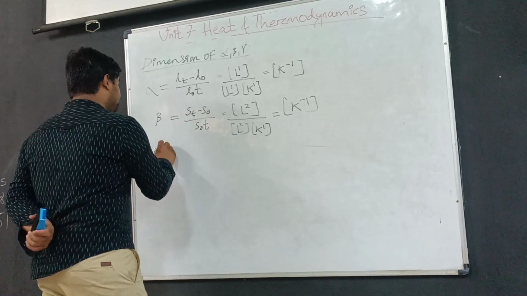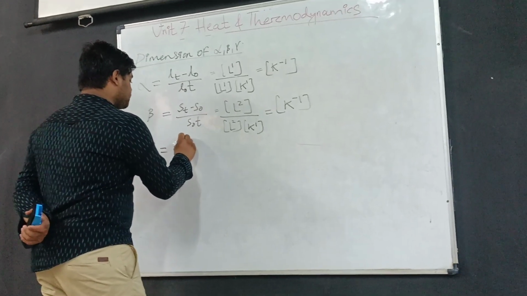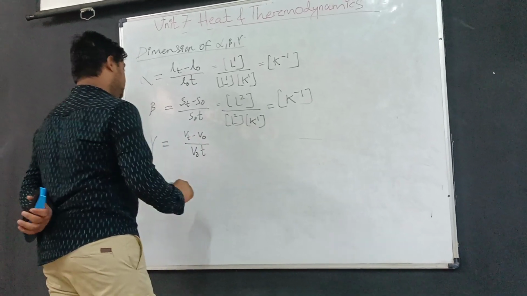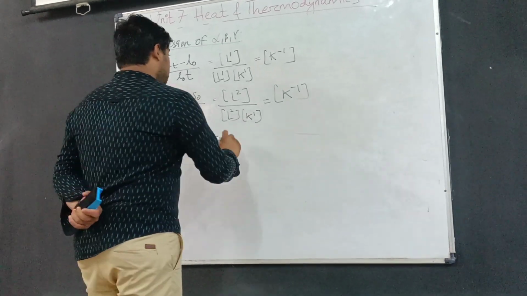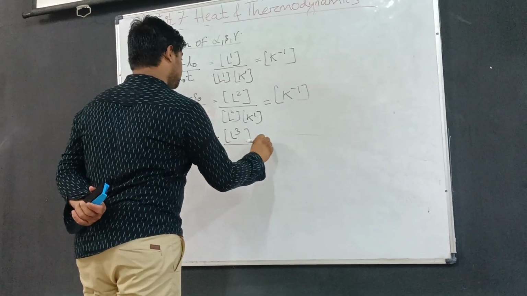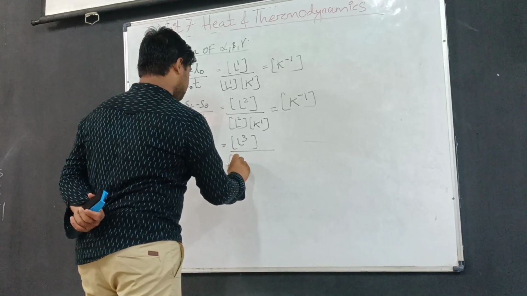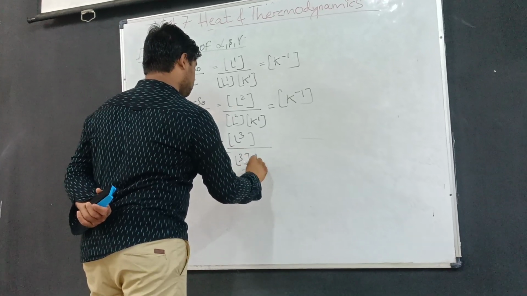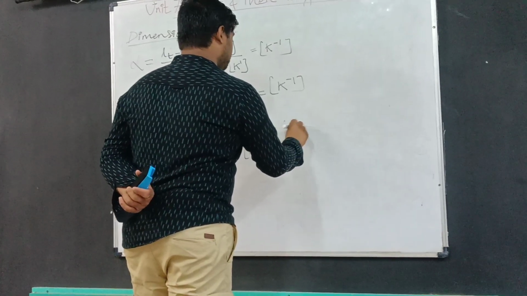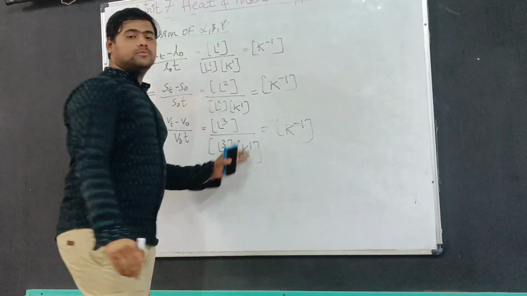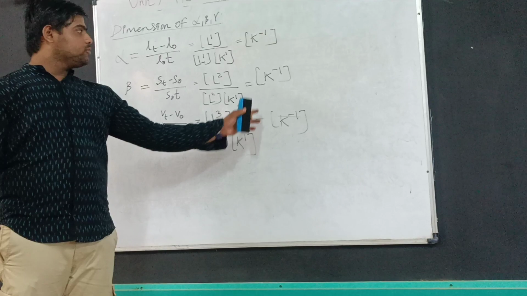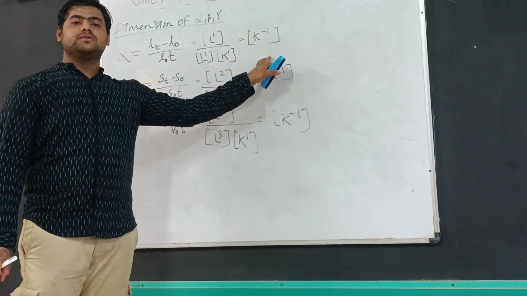Similarly, we can also find out the dimension of gamma, which is Vt minus V0 divided by V0 T. So from this we find out the dimension of alpha, beta and gamma is same, which is K to the power minus 1.